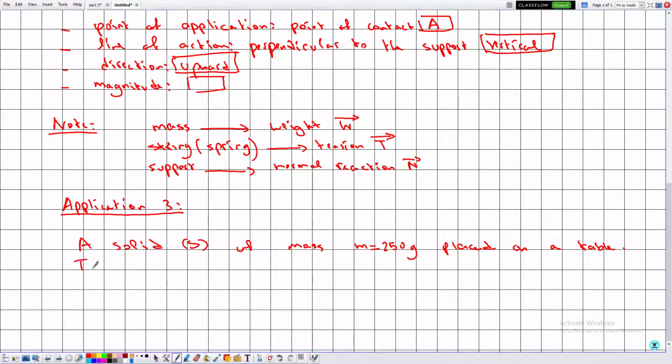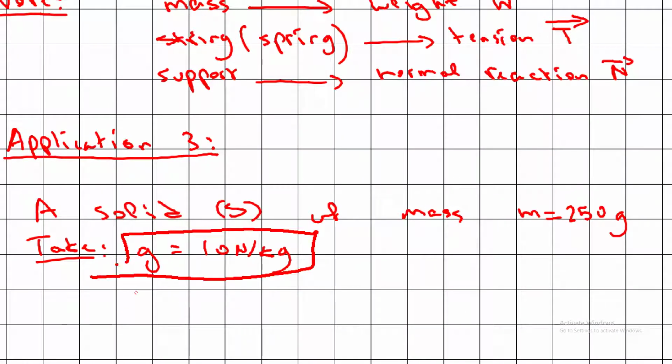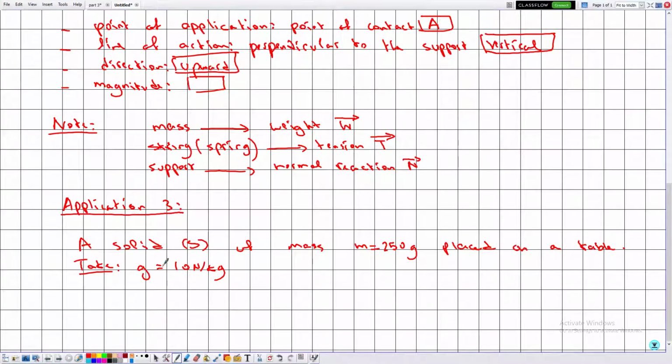Take g equal to 10 newtons per kilogram. And recall from the previous video that the value of g reflects the planet on which we are performing this experiment.